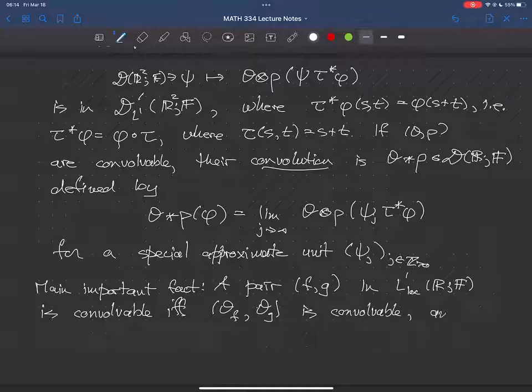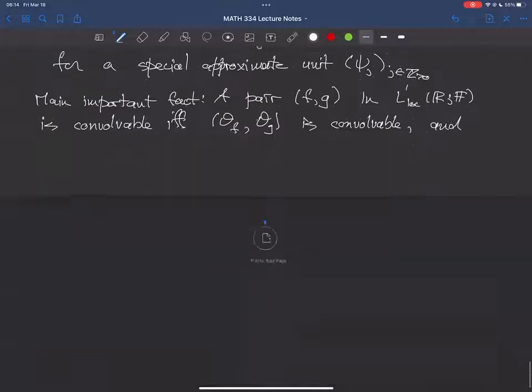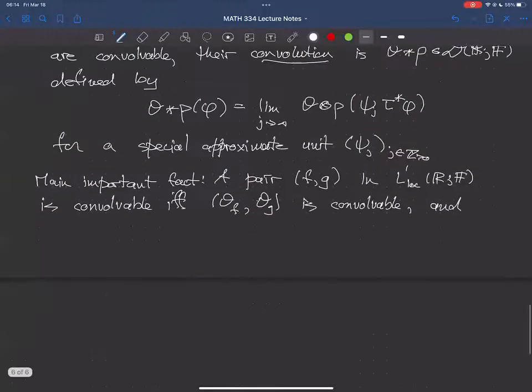And moreover, the convolution of the distributions is the distribution of the convolutions.